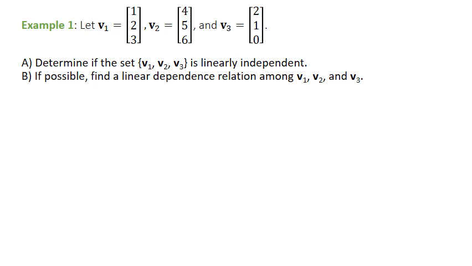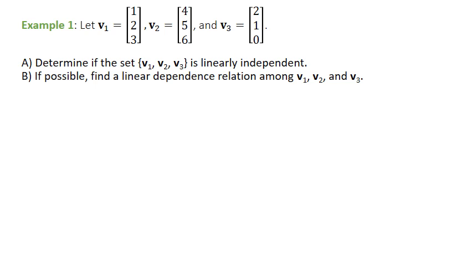Let's look at another type of example. So now this one's set up a little bit different. I've given you 3 different vectors here, and we want to determine if the set of vectors is linearly independent.